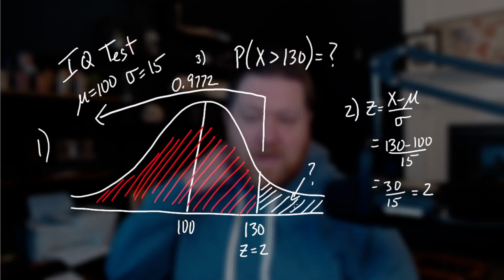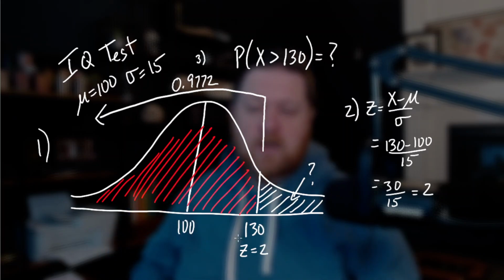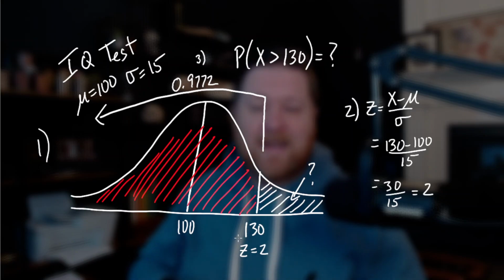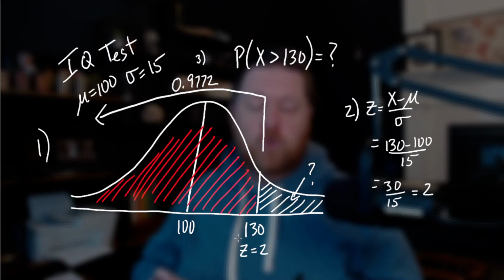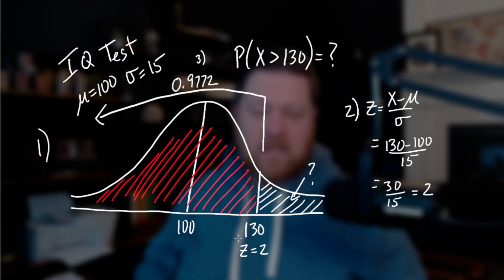Okay. To do that, depending on what this looks like at this point, you're going to do one of 3 things. Either the area you just found is the area you care about, and at that point, there's nothing left to do. You're done. Okay? But in this case, that's not the case.